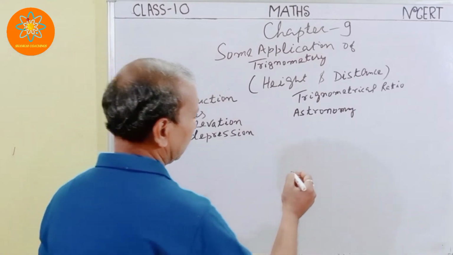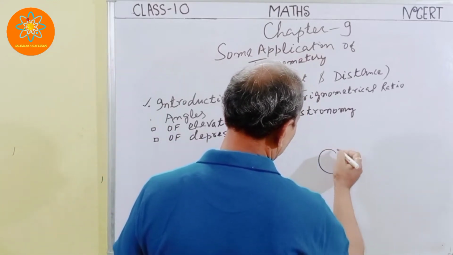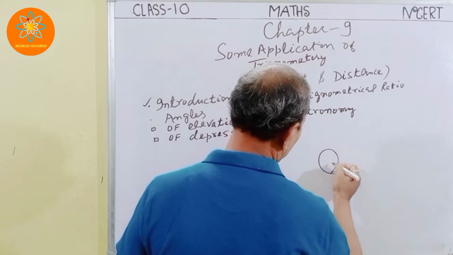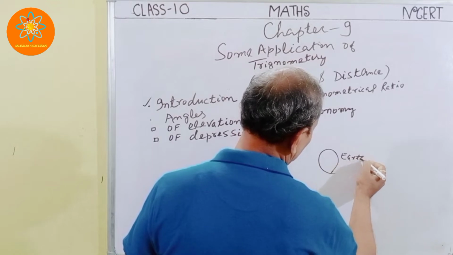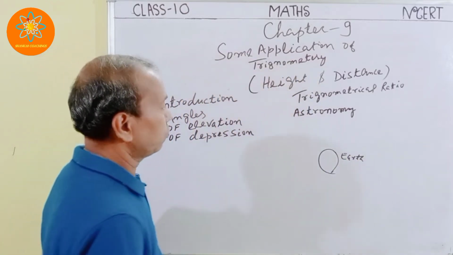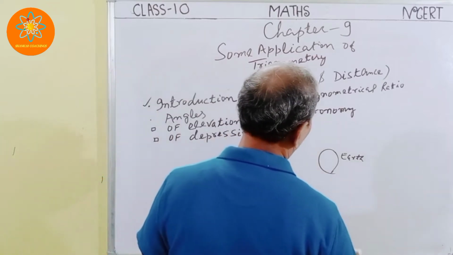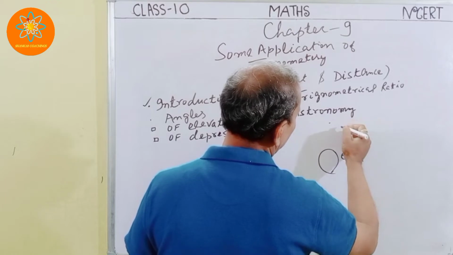Suppose this is your Earth. Then how to find the values? Like suppose this one is here.